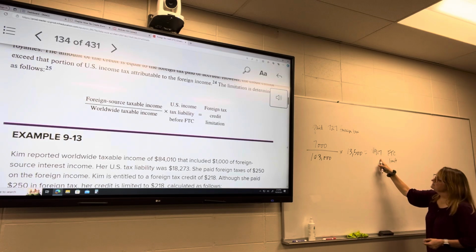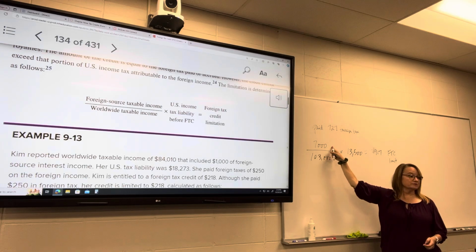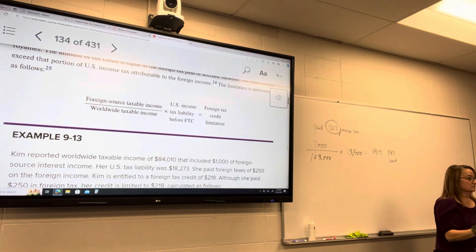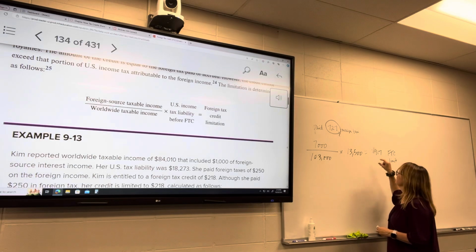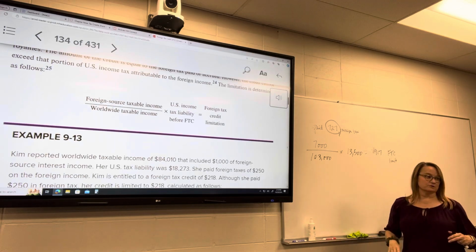So $917 of that 13,500 is attributable to our foreign source income. This is going to be our foreign tax credit, because we can't get a credit for more than what we actually paid, right? So that means essentially that we're paying more in tax on that foreign income in the US than we did at the foreign source. So whatever that limitation is, the smaller of these two, the foreign tax paid or the limitation, that's the credit that you get.